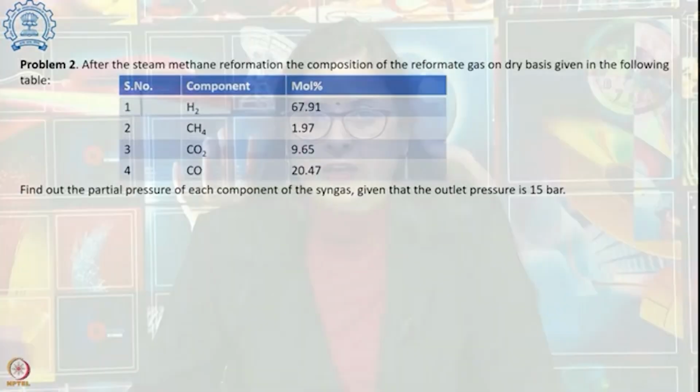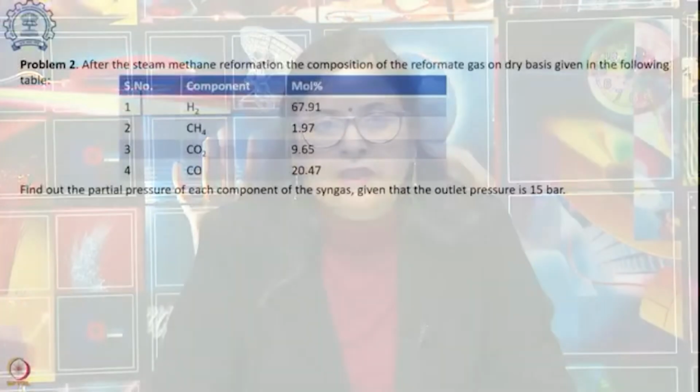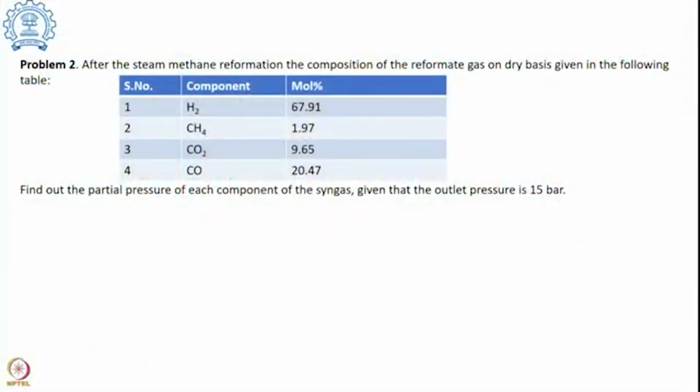Let us look at another problem. This is again a very simple problem which states that after the steam methane reforming, the product gas obtained after the reforming process, called reformate gas, has the composition shown in the table.